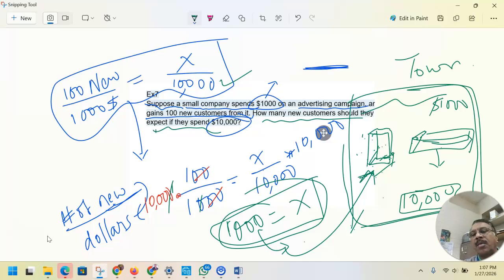So it does not go proportionately. So this is like an error. That's what I'm saying: there is an error in some problems where you have to be very careful. Only because you spend $10,000, that will not be effective to get 1,000 customers. So that's how you have to explain that it is not effective.